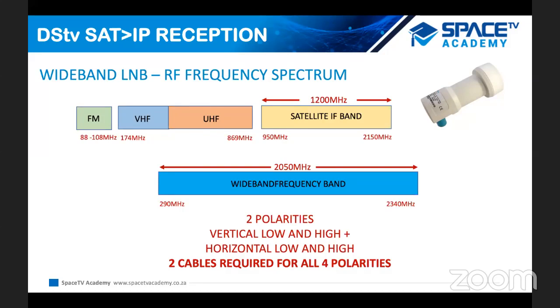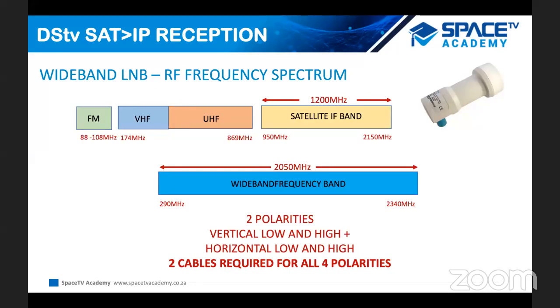And as you can see on your screen, the wideband frequency runs between 290 megahertz and 2340 megahertz. So they went slightly higher, but they actually moved right down into the RF band to achieve this, to get the required 2050 megahertz bandwidth, which is the typical bandwidth of a full polarity low and high on the satellite that we are using.